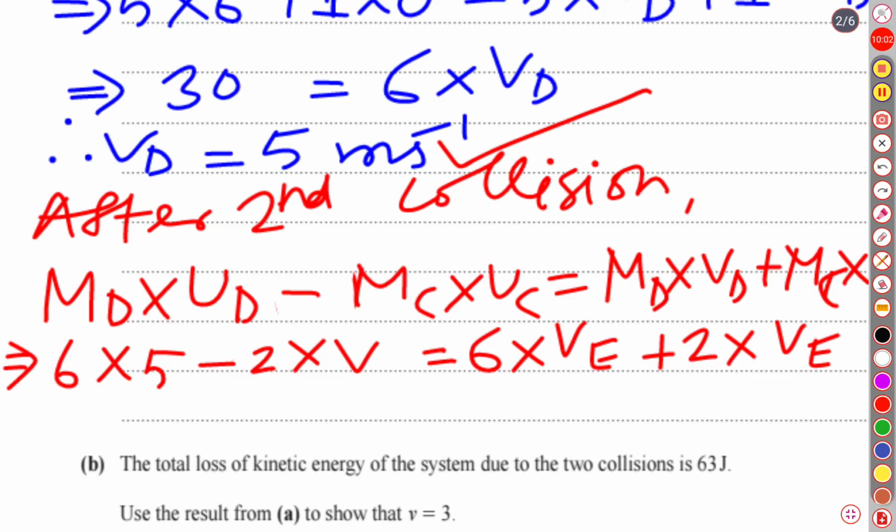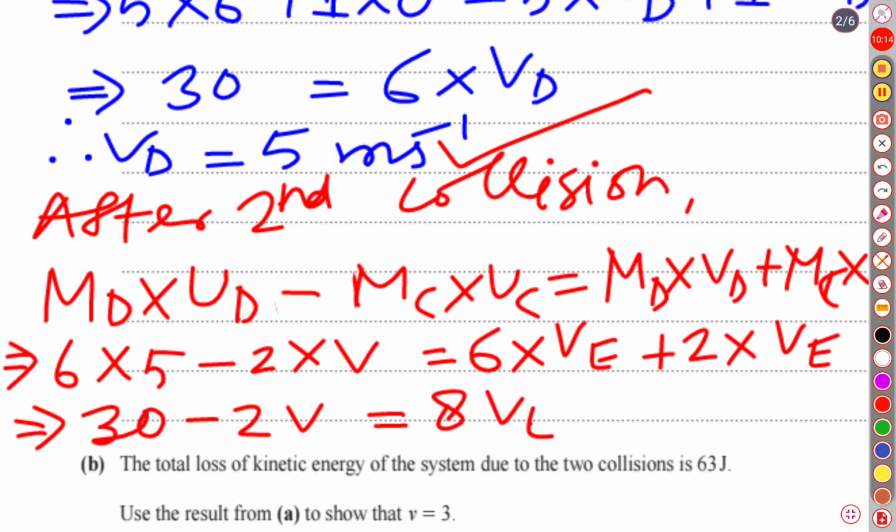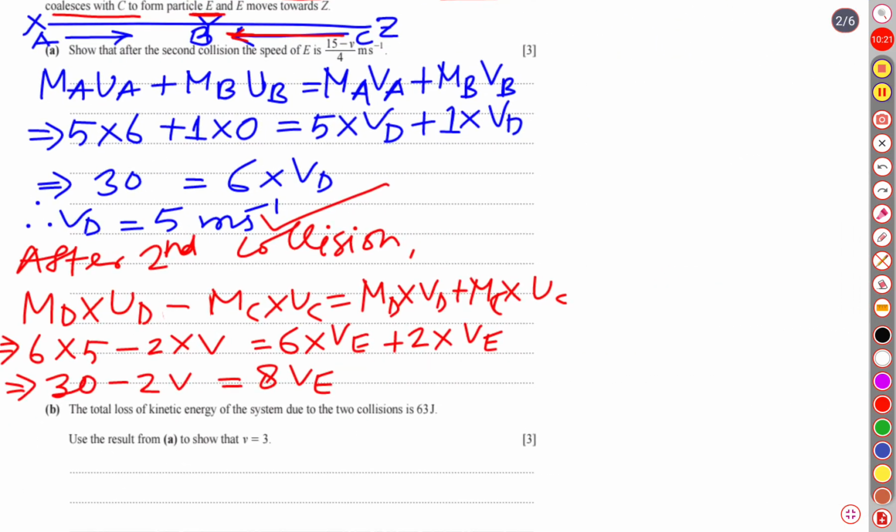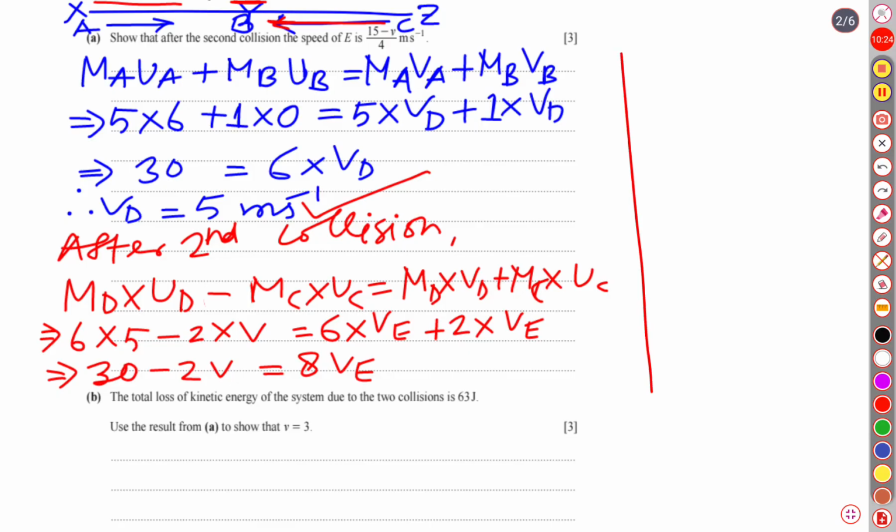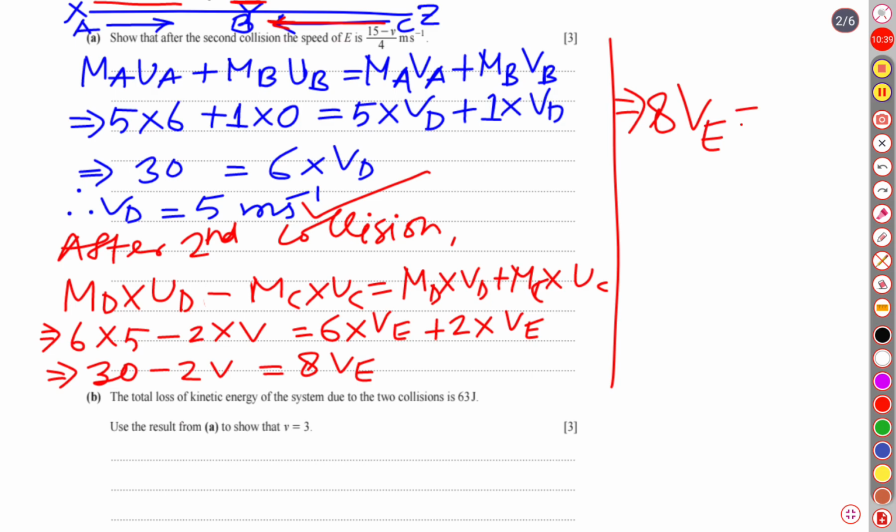After that, if we simplify, it is going to be 30 minus 2v, and here 6v plus 2v, so it is 8v. So 8 times the velocity of particle E is equal to 30 minus 2v.